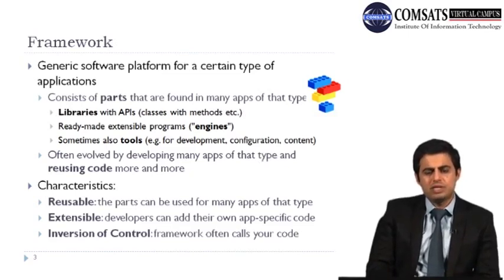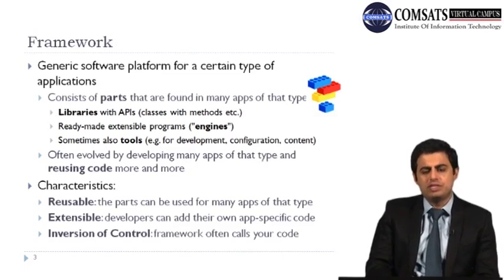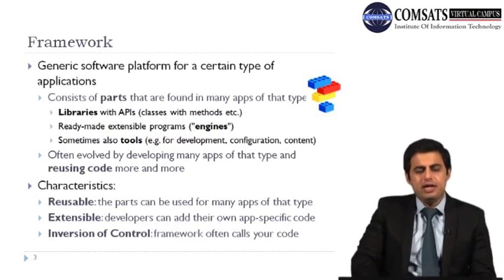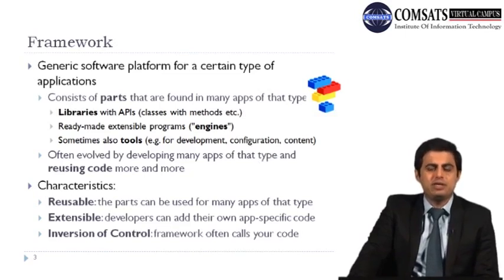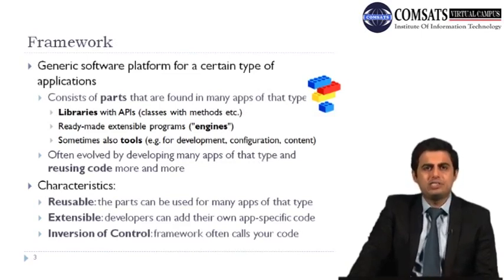Okay, there are sometimes also tools, for example for development, configuration and content, and these tools are also part of a framework. These tools for development can provide you some executable code. And for configuration, if you have studied configuration in software engineering, basically it gives you control to keep track of the changes in your system.